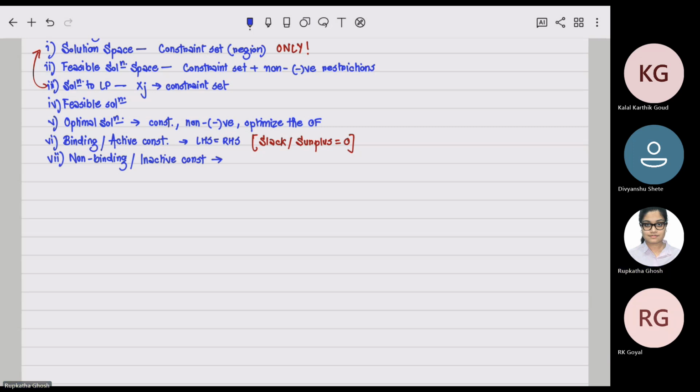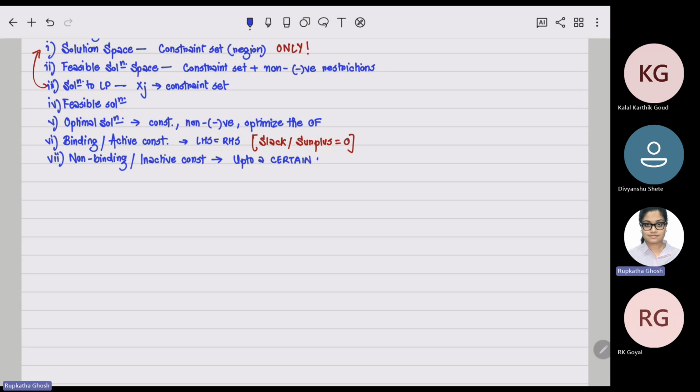So this non-binding constraint will always have some kind of slack or surplus at the optimum solution. Up to a certain level, this is just for you to note, if you relax this constraint, the optimal solution is unaffected. Up to a certain level only.